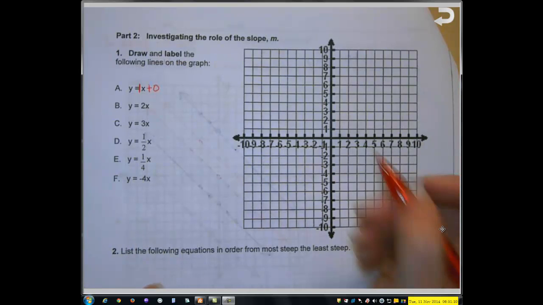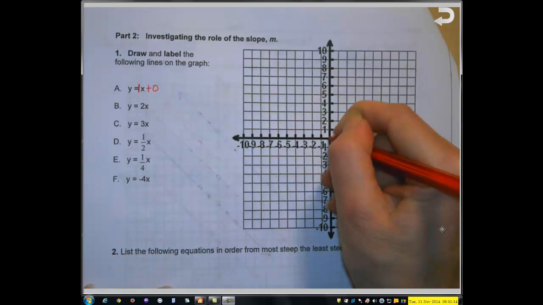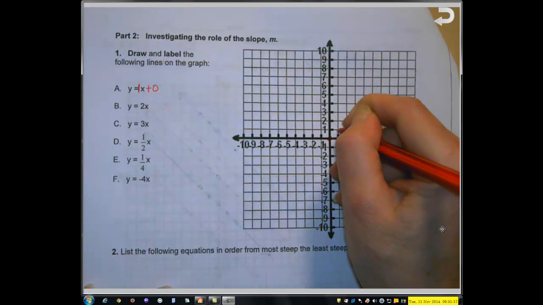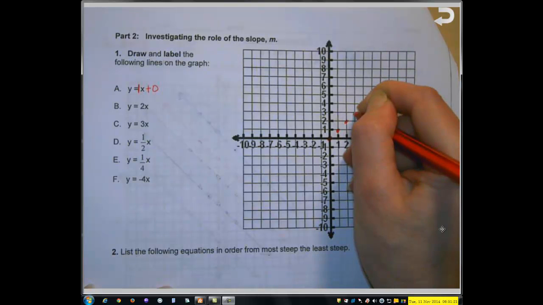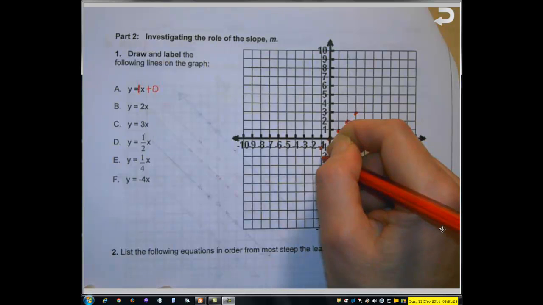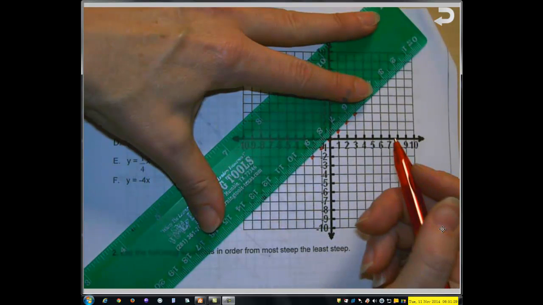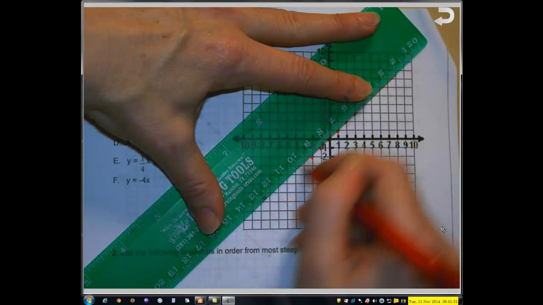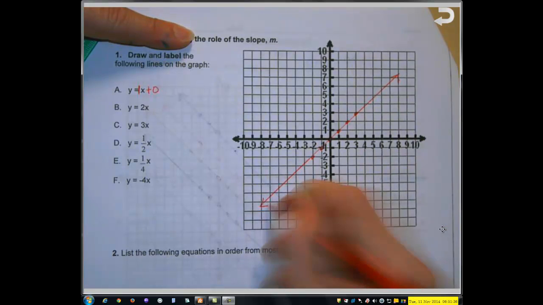So we're going to graph that parent function again: y-intercept of 0, slope of 1, which means we move up 1 and right 1, down 1 and left 1. So again, there's our parent function.